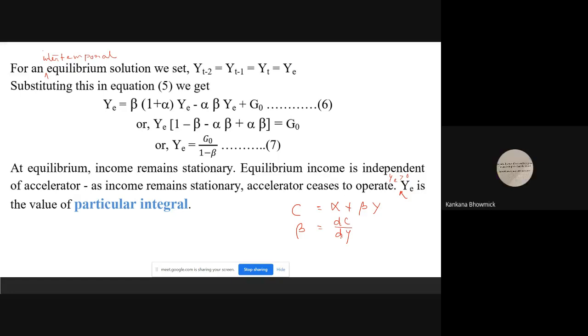Yes, ma'am. So the maximum change in consumption is equivalent to the change in income. However, generally what we find is that dC by dY is not 0 and generally it is not even equal to 1. So we follow the strict inequality. So beta lies in between 0 and 1.